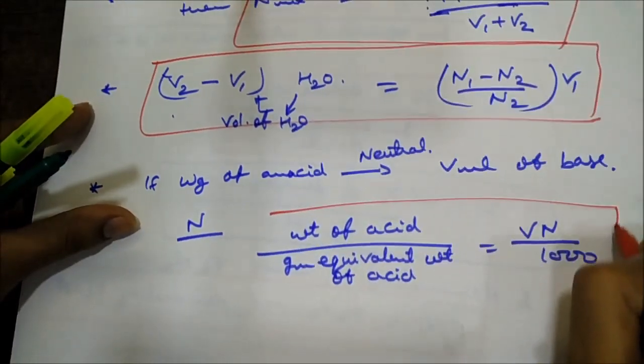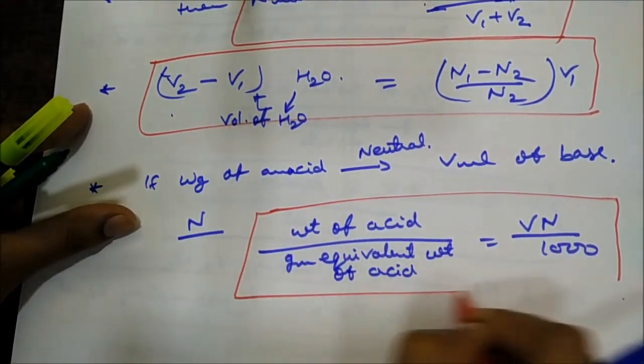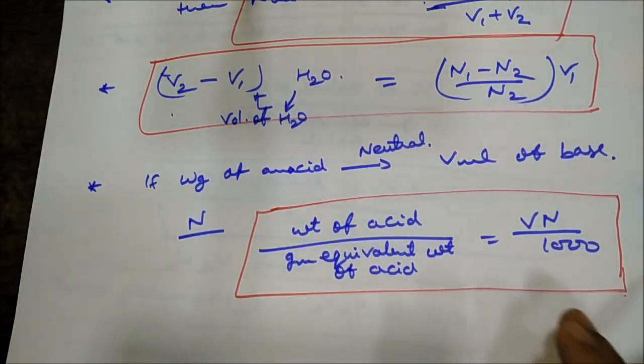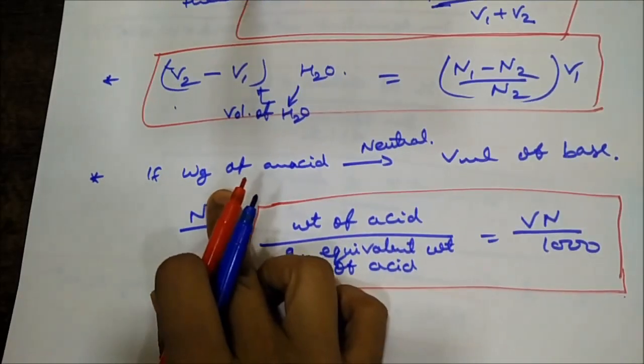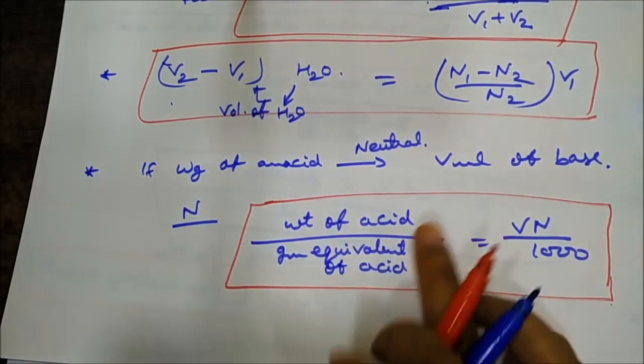So by this formula we can calculate the normality of a solution when W gram of acid is neutralized by V ml of base.